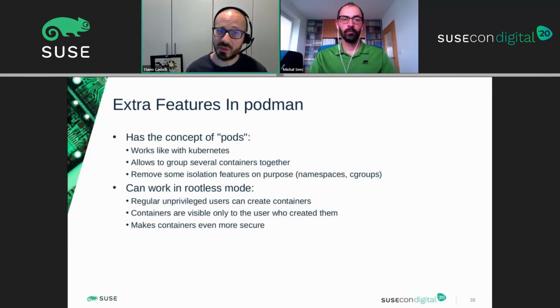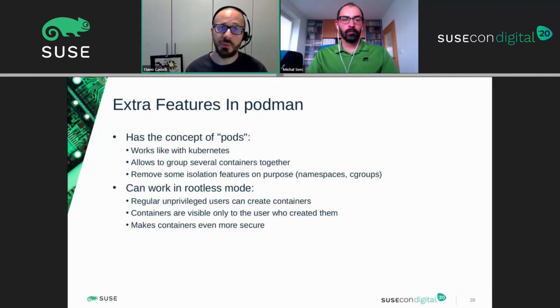There are some limitations, some caveats compared to running containers with root privileges on the host, but this makes everything more secure, even compared to the scenario where you would be running containers as root but using user namespaces. So this is a really nice addition that has been part of Podman for quite some time. It's also coming to Docker, to be fair, but Podman has had that in the works for longer.